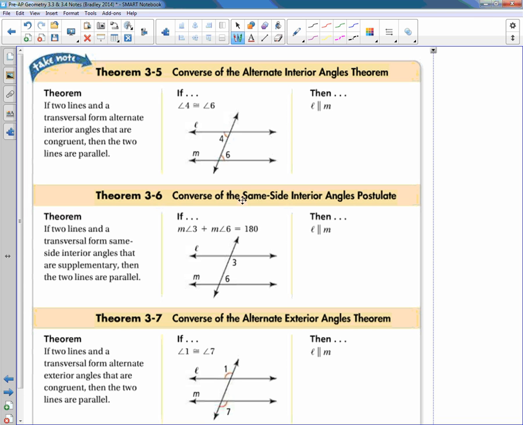All right. Now, we had the converse of the corresponding angle theorem. We also have the converse of the alternate interior angle theorem, the converse of the same side interior angle postulate, and the converse of the alternate exterior angle theorem.